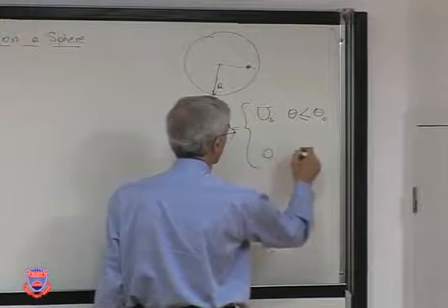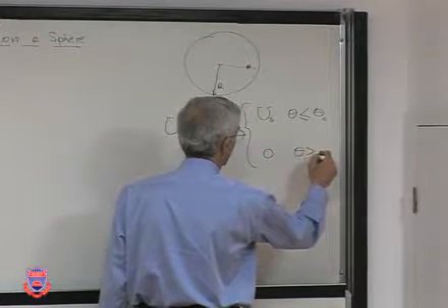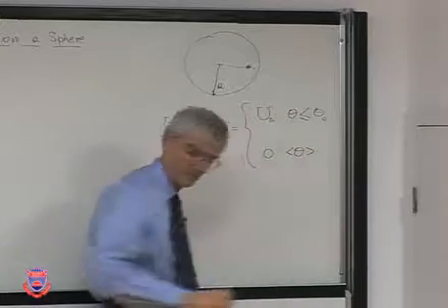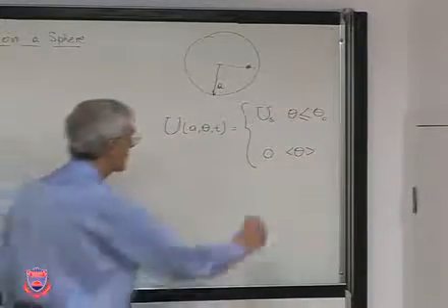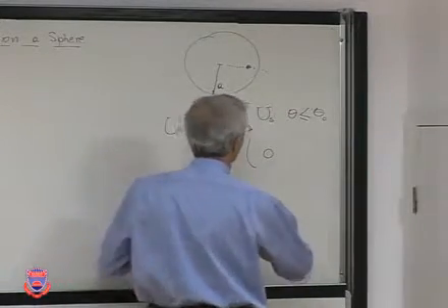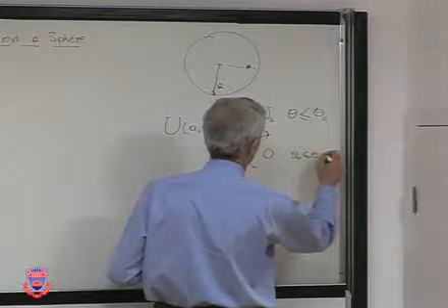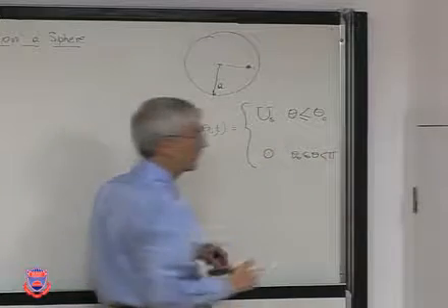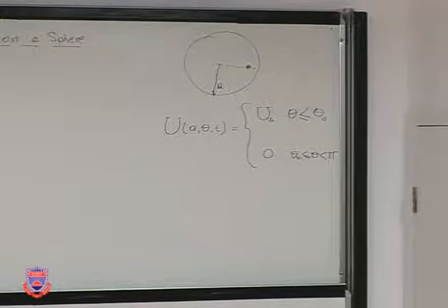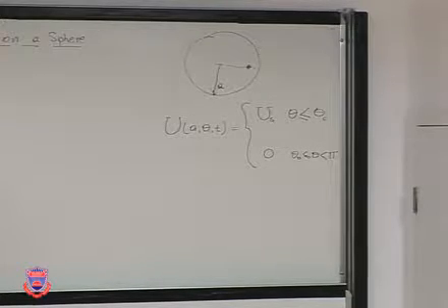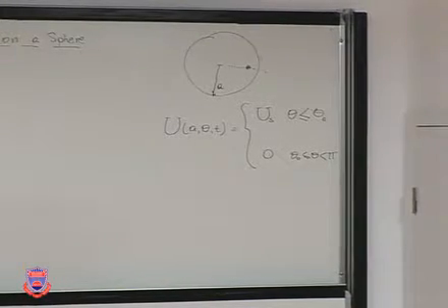And it is between 0 when theta is everywhere else. Does that make sense? Do you understand what that shows? No? Okay.